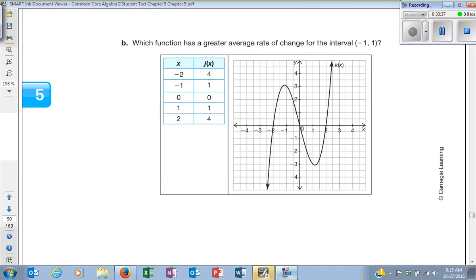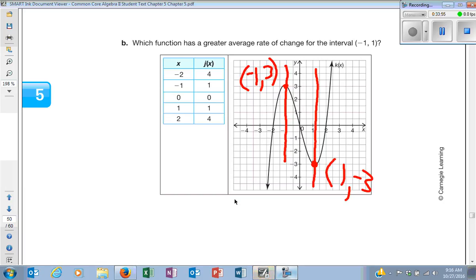Which one has a greater average rate of change from the interval from negative 1 to 1? So you're going to start here, negative 1, and go to 1. You're going to use this ordered pair and this ordered pair, which looks like negative 1, 3, and this one is 1, negative 3. If we do this, it becomes y minus y.